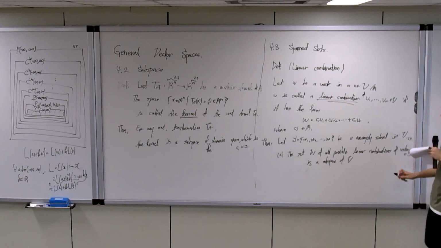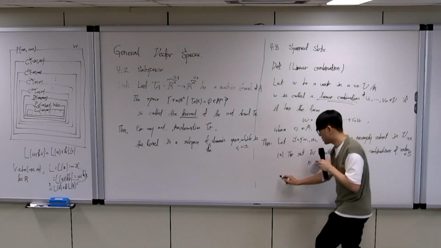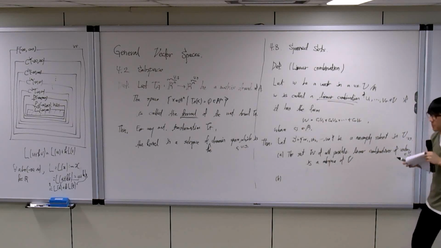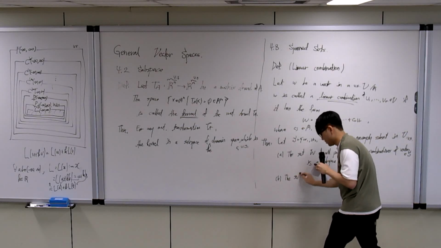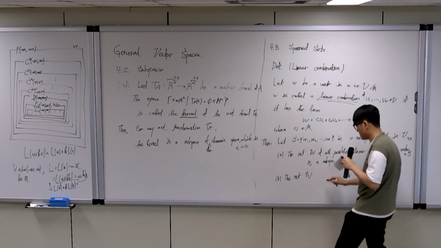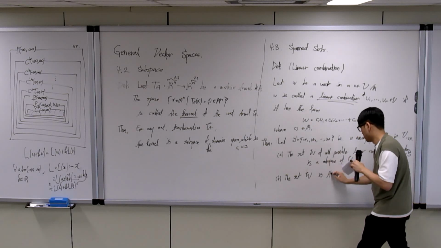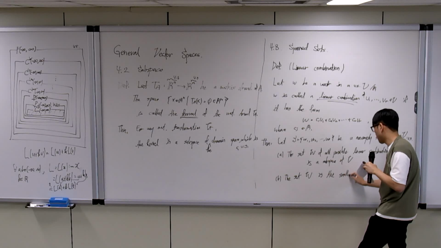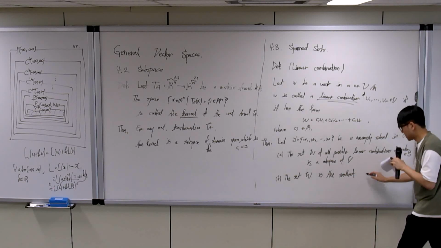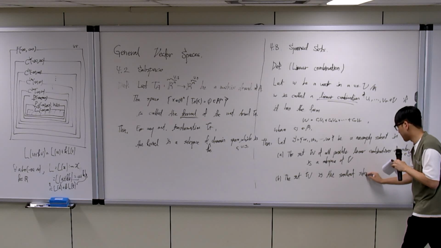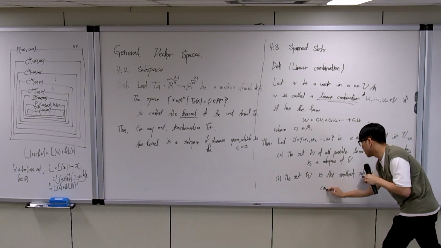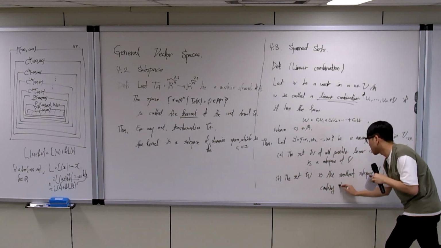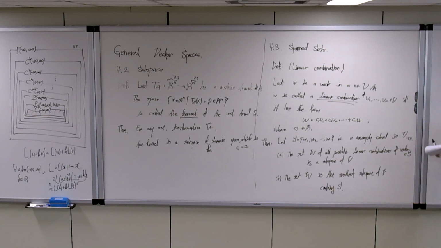So W is a subspace of V. And the second property says that W is the smallest subvector space of V containing S. I will prove it.